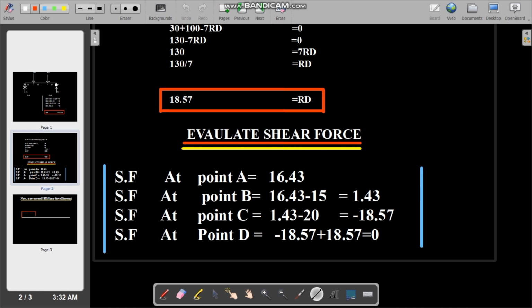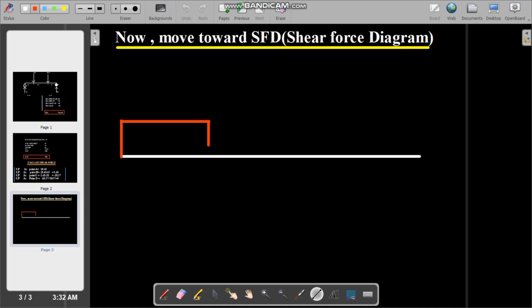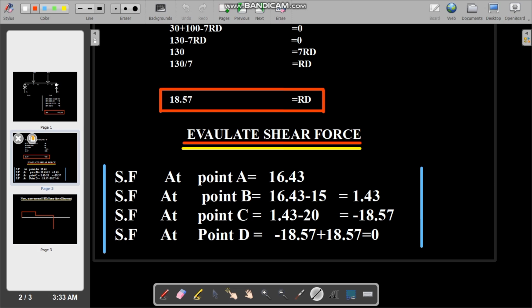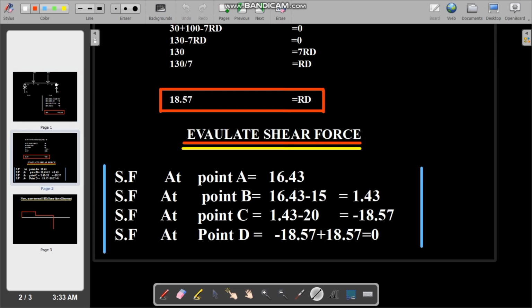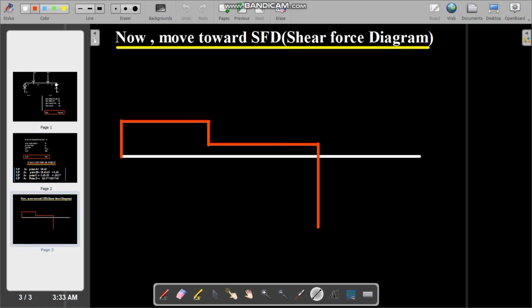We got the shear force value, so we draw on the diagram 1.43. And moving toward point C, the shear force value we got is minus 18.57, and we just apply minus 18.57 on the diagram.